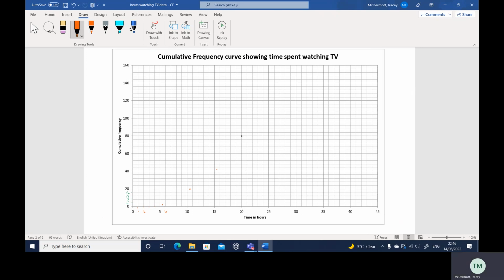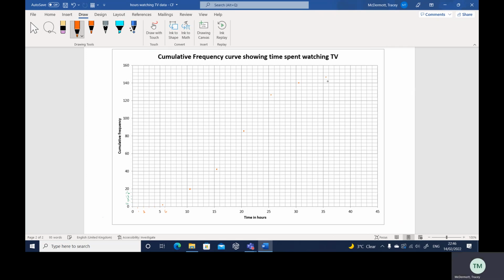20.5 was up to 86, so 20.5, 24, or 86 would be there. 25.5 across and up to 127. There's 120, 124, 128, so 127 at 25.5 would be roughly there. 30.5 was right up at 140. 35.5 was right up at 147.